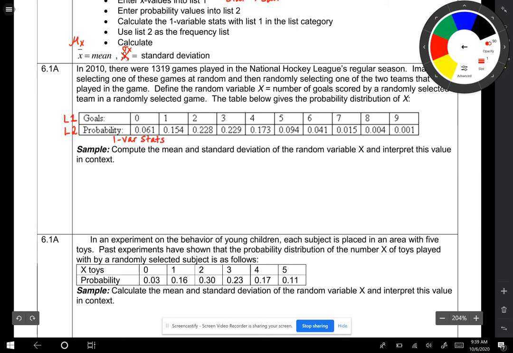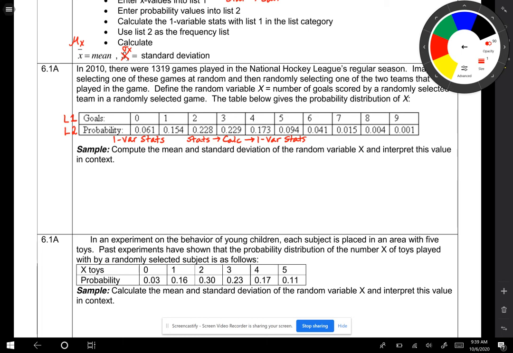So you go under stats, and instead of edit, you go to calculate, one variable stats. It's pretty easy. I mean, you really don't need me to do a second video on this. But you would just choose L2 in your frequency list. I still would like to do one just to say I've done it.